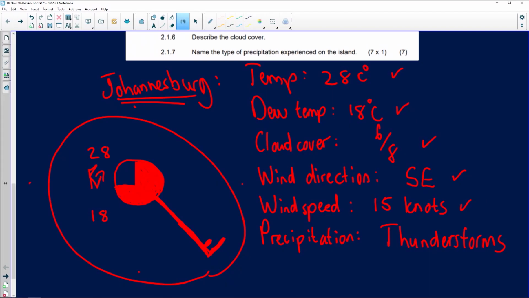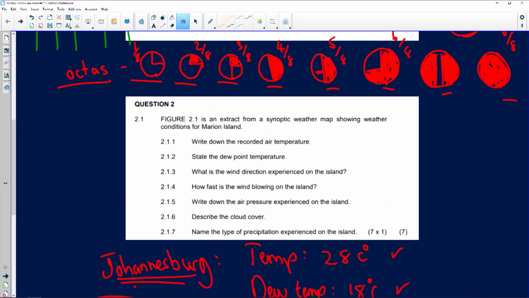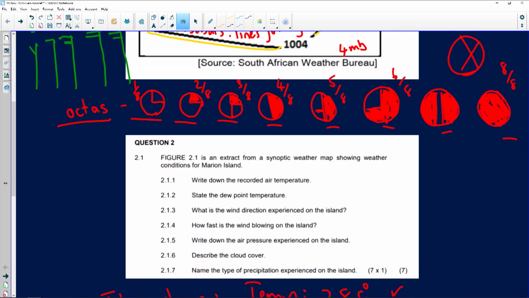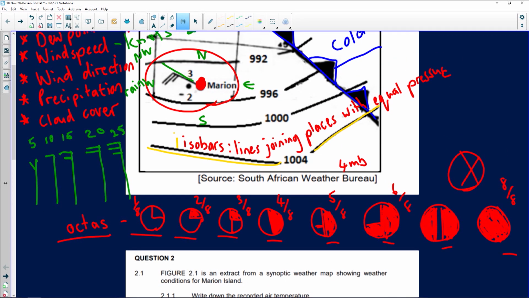Now remember, you need to be able to describe the weather from the weather station model itself. Now let's get back to the question. Once again, go and pay attention to your notes in grade 10 and 11. If you look at question 2.1, figure 2.1 is an extract from a synoptic weather map showing weather conditions in Marion Island. Write down the recorded air temperature. Let me just clean up our diagram.